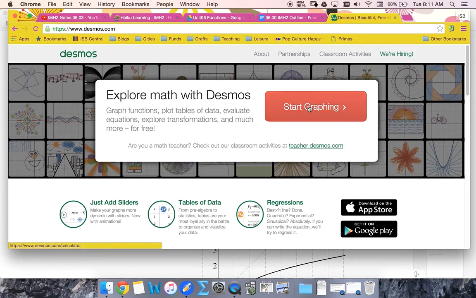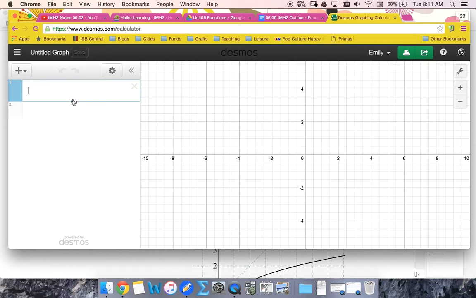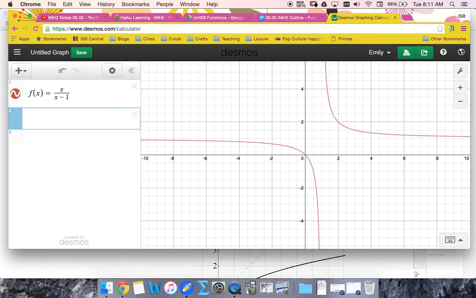And we can test it a bunch of different ways. So first thing I'm going to do is hope it loads. All right, so we had f of x was equal to x over x minus 1. And then instead of calling it f inverse, I'm going to call it g of x, x over x minus 1.